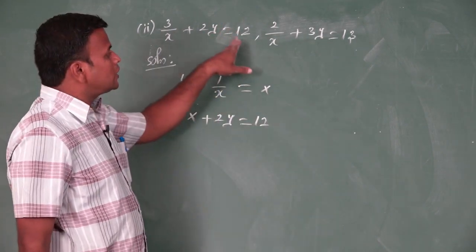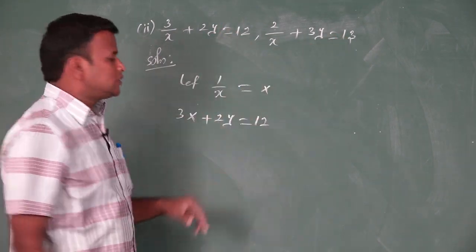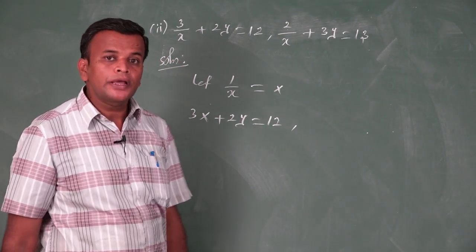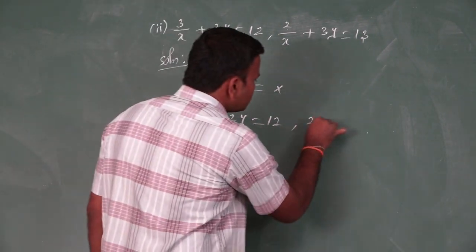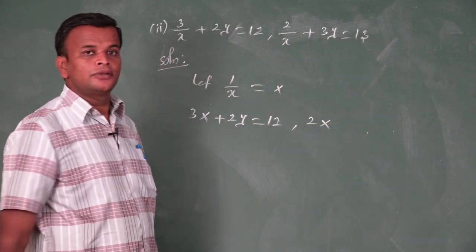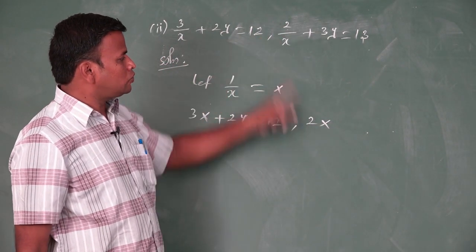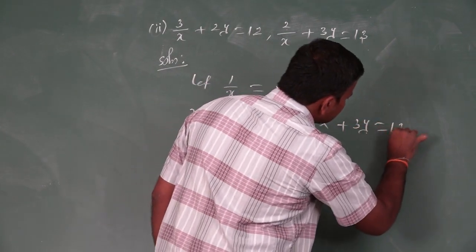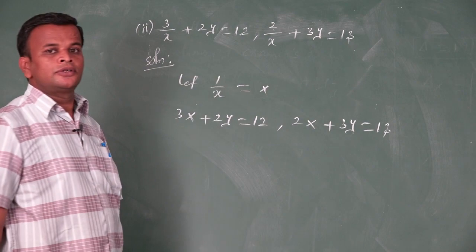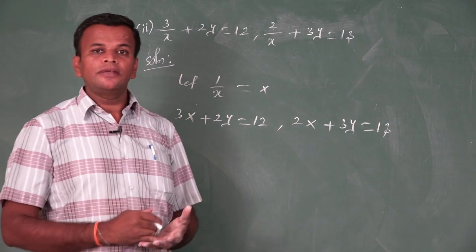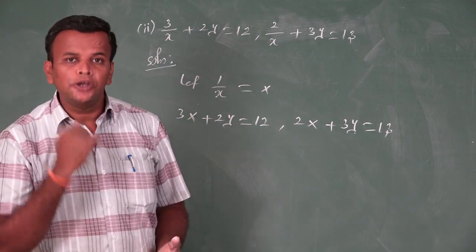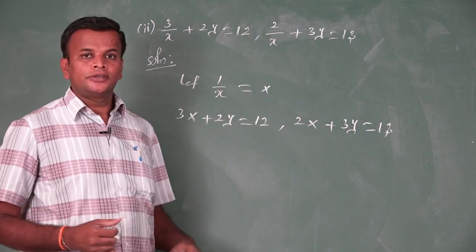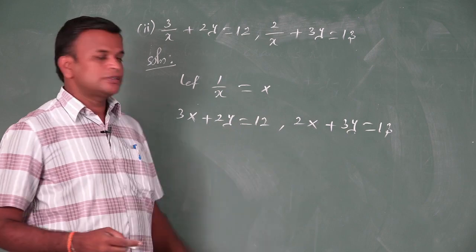The constant already lies on the RHS. The second equation: 2 by x becomes 2 capital X, since we take 1 by x as capital X, so 2X plus 3y is equal to 30. Cramer's rule is applicable only when the variables lie in the numerator. If a variable is in the denominator, we convert it to another variable. So now we take it as capital X.